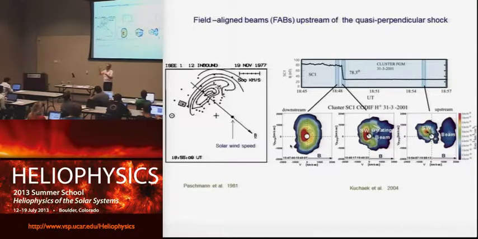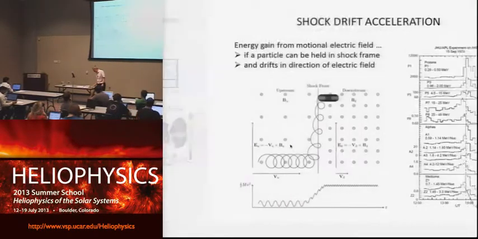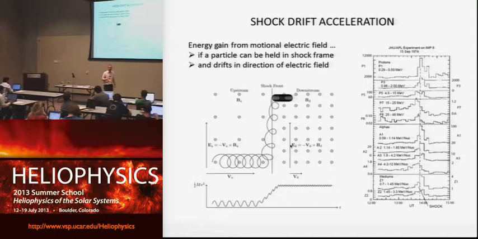Now, it also turns out, if you remember, I said that there were these beams of protons, so not electrons, protons, which are also seen at the Earth's foreshock. And this is observations of what the velocity distribution looks like of these field-aligned beams, they're called. And in this case, you can also use a similar idea of reflection to explain the energy increase. So they're being reflected at the shock.